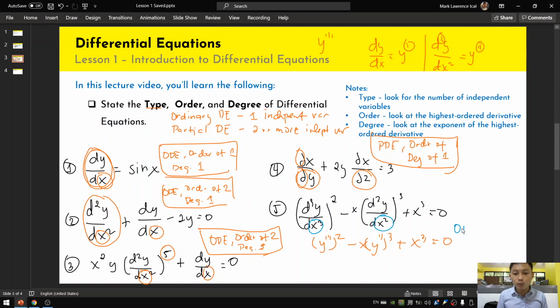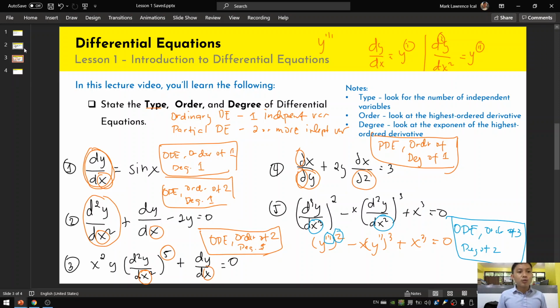So obviously this is going to be an ODE. What is the order? The order of this one is the highest order derivative, and that's 3. Even if you see 3 here, that's not the order, that's the degree. So this is order of 3. How about for the degree? The degree of this y triple prime is 2. So degree of 2. Okay, so I hope that clears that.